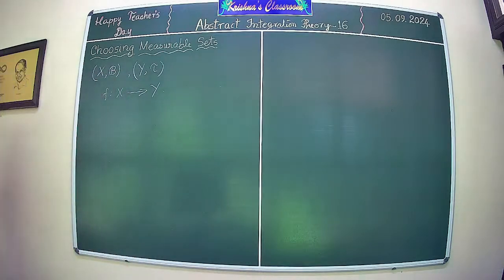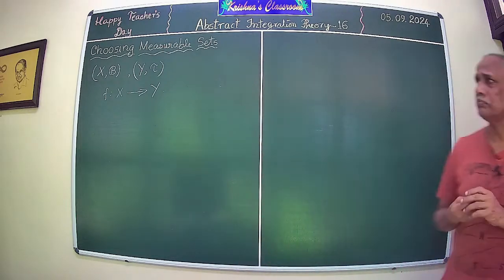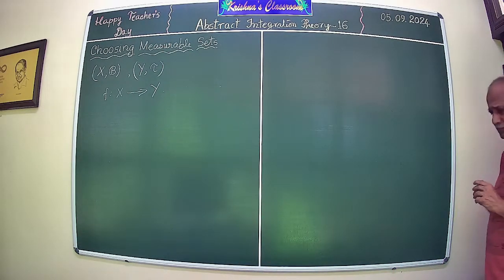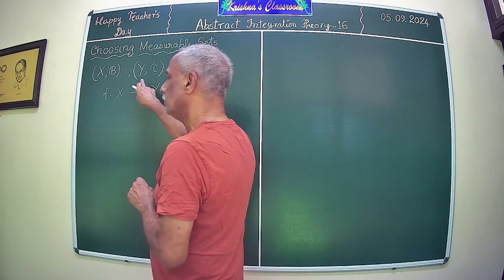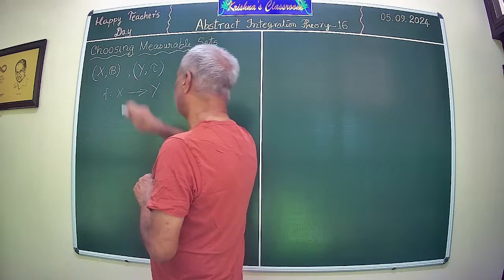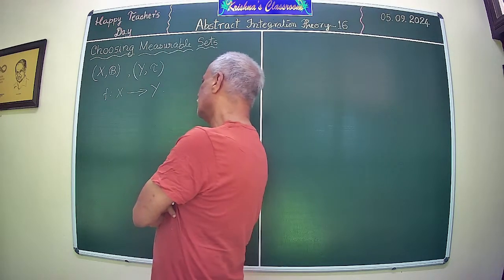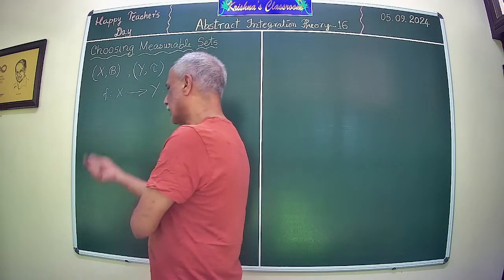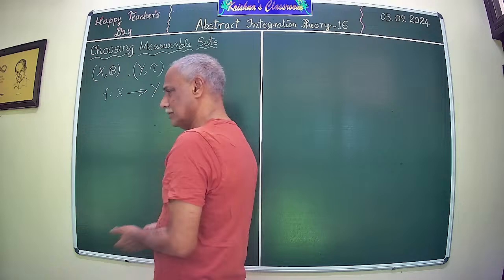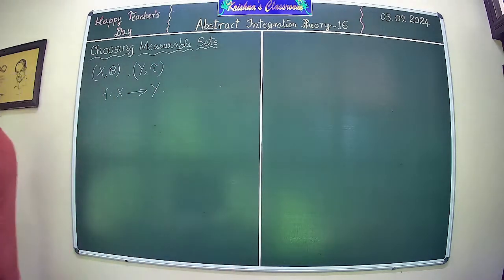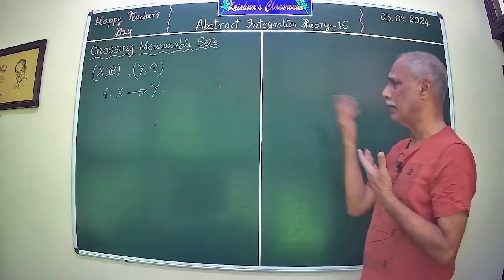Quite often we'll be talking about mappings from a measurable space to a metric space, or to be specific to R or C, that is, we will be working on real valued functions or complex valued functions, or to Rn, which means vector valued functions, Rn or Cn, or even going beyond, maybe some Banach spaces.